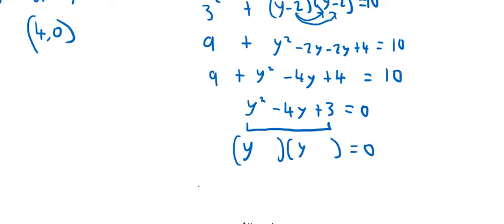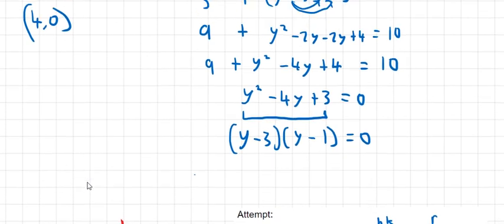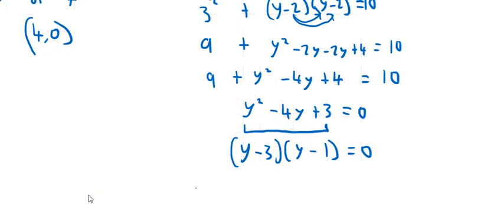So my two numbers are going to be minus 3 and minus 1, or you could put them in the other brackets if you want, so you could switch them around. So minus 1 and minus 3. I'm getting two values in, so either y - 3 = 0 or y - 1 = 0.